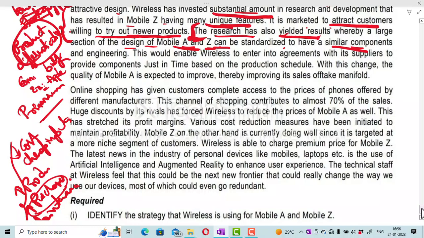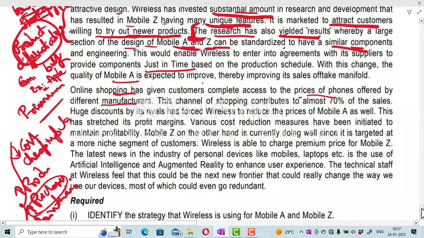This would enable Wireless to enter into agreements with its suppliers to provide the components just in time based on the production schedule. With this change, the quality of mobile is expected to improve, thereby improving its sale of take manifold. Online shopping has given customers complete access to the prices of phones offered by different manufacturers.